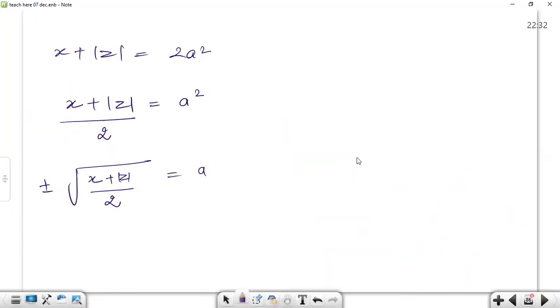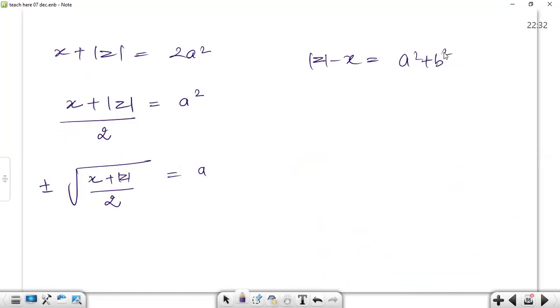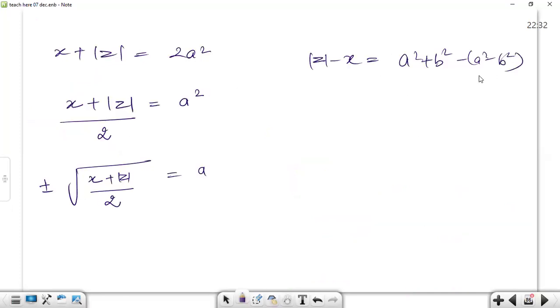So modulus of z minus x will become a square plus b square minus (a square minus b square). So a square plus b square minus a square plus b square.